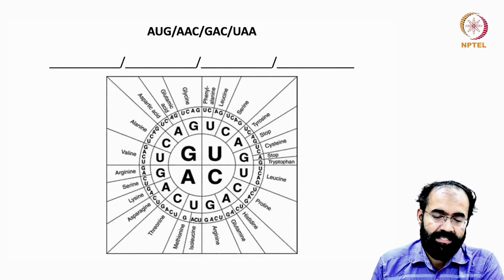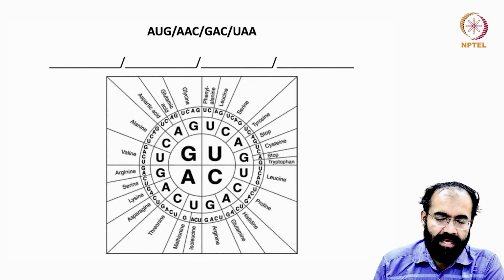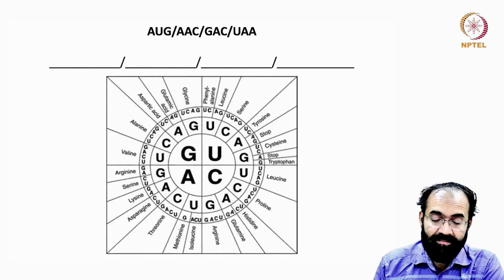This is the first one, second one, and the third one. GCG, one codon, GCA, another codon, GCC, another codon, GCU, another codon. They all bring in alanine, and like that you can go to valine, arginine, serine. For arginine you have AGG, AGA, but arginine can have codons elsewhere also.